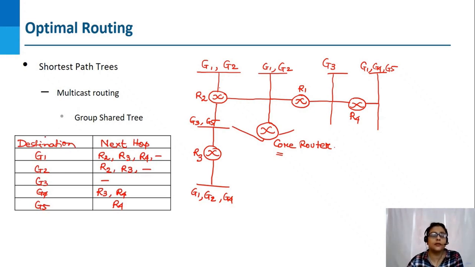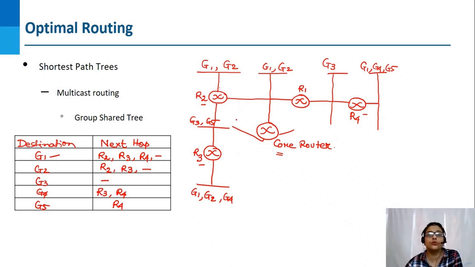So let's look at this routing table, which is basically the routing table of the core router. If the destination is G1, the next hop will be R2, R3, R4, and it is also directly connected to G1, so we can give a dash here.